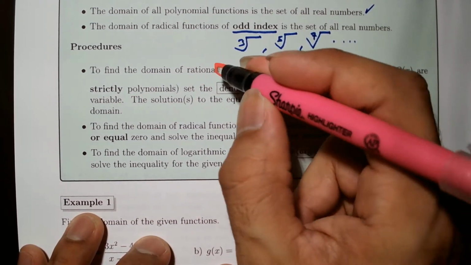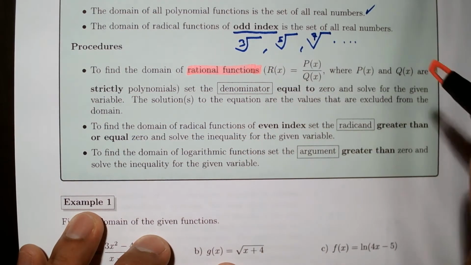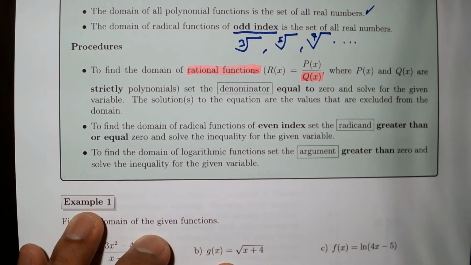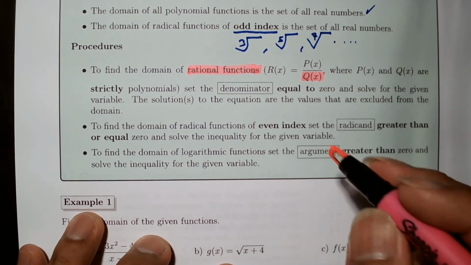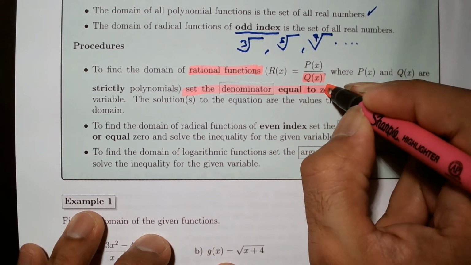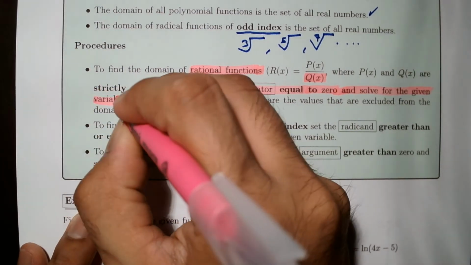Their domain is the set of all real numbers except where the denominator is 0. So what do we do in this case? We set the denominator equal to 0 and solve the given equation for the given variable.